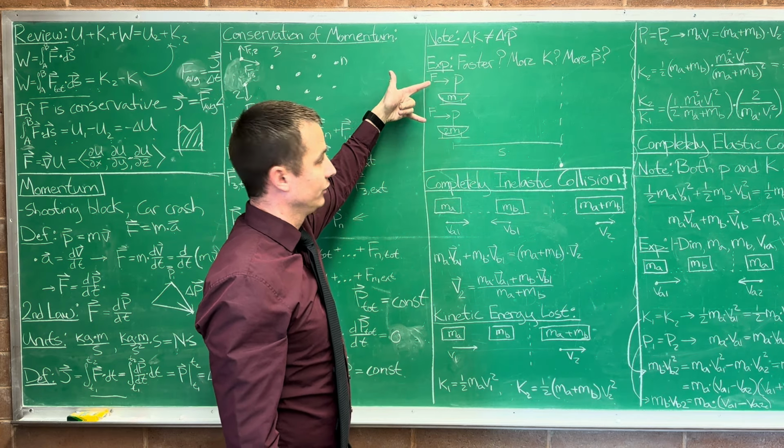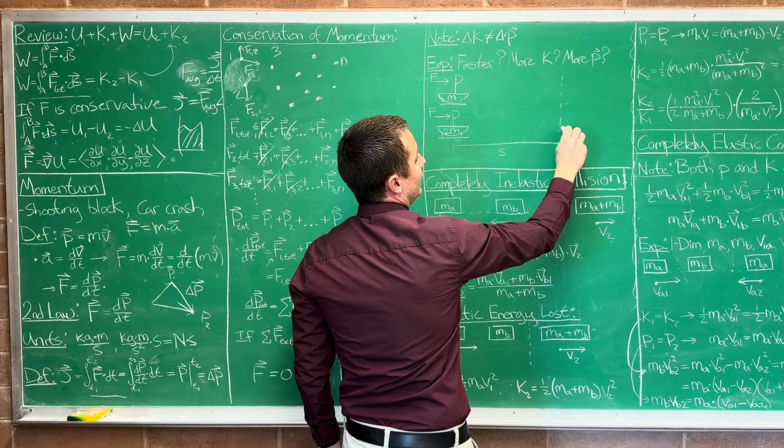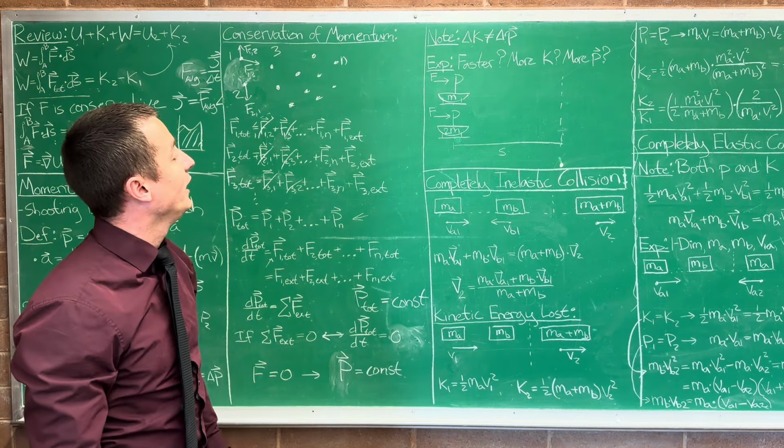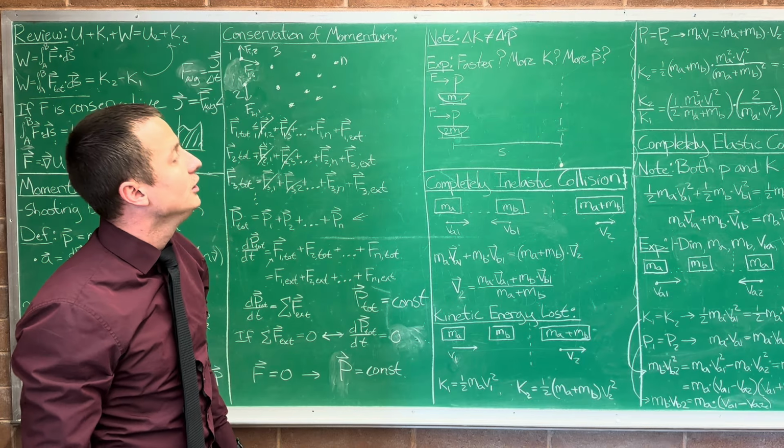When this one crosses this line, it has a particular kinetic energy. When this one crosses this line, it has a particular kinetic energy. Which one had more energy when it crossed this line?